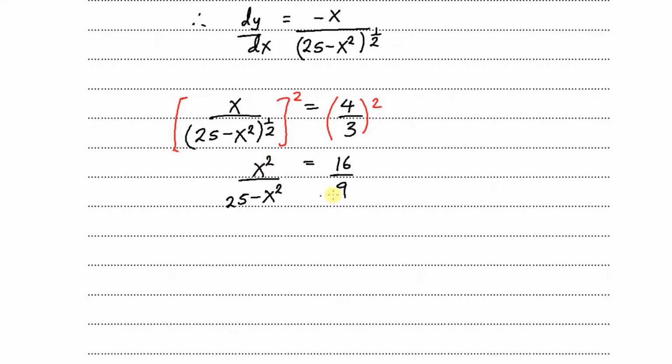So here I'll cross multiply. So I'll multiply 9 times x squared, that's 9x squared, is equal to 16 times 25 minus x squared, that will be 16 bracket 25 minus x squared.